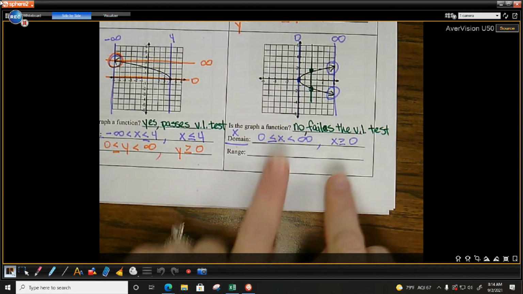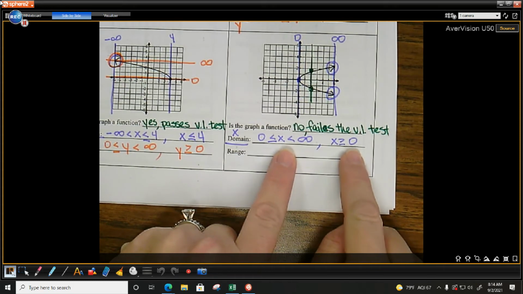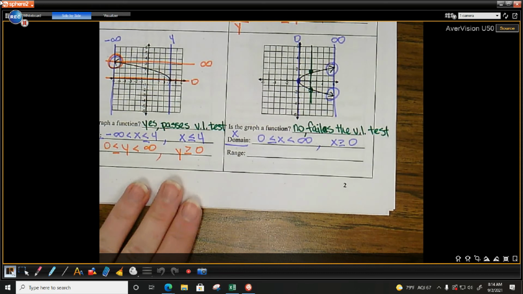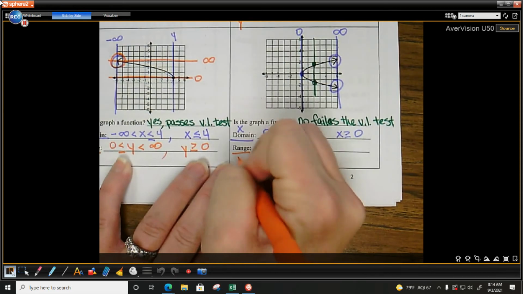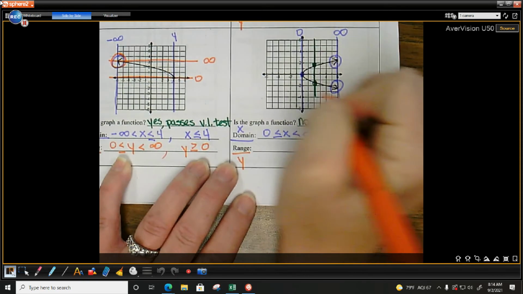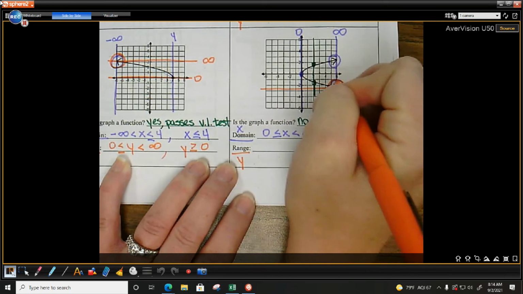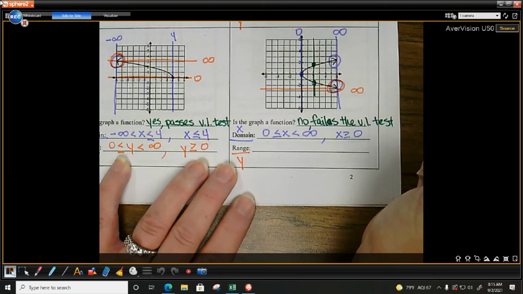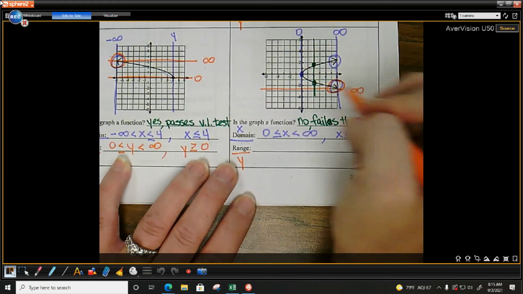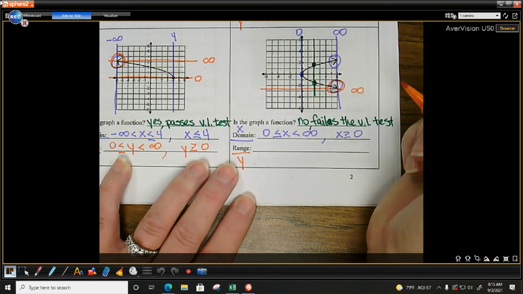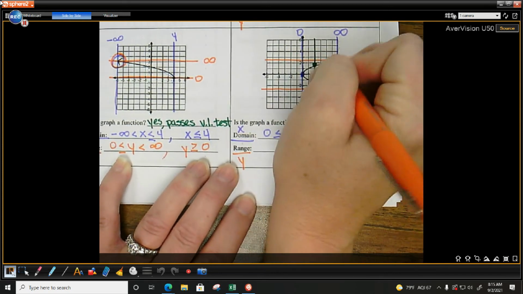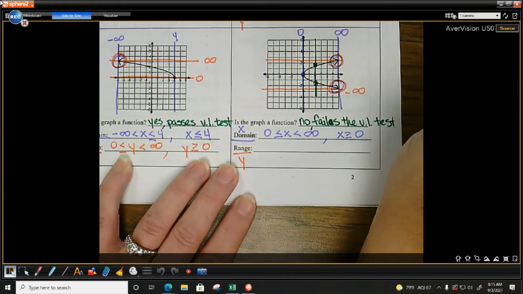Okay? Now let's look at our range. Range is y. So down here I see an arrow, so that's infinity. Is it on the bottom or the top? That's the bottom line. So if it's on the bottom, I should put a negative. Then up here, I also see an arrow. So what's that mean? Infinity. And is it on the top or bottom? So it's a positive.